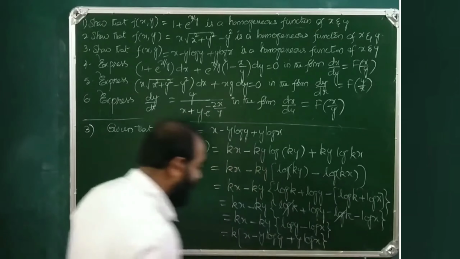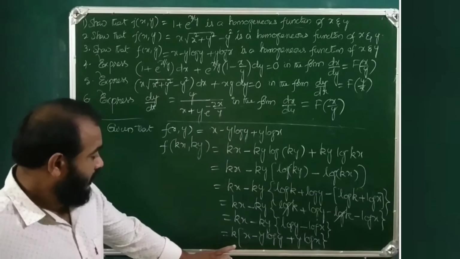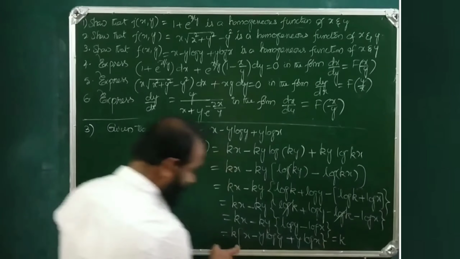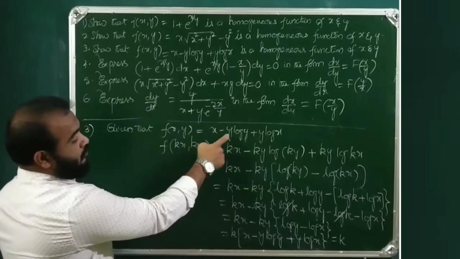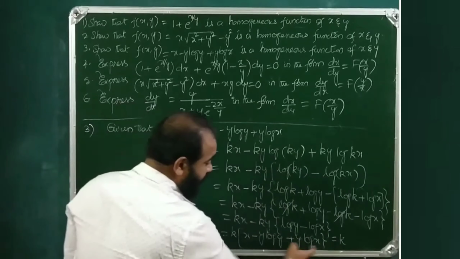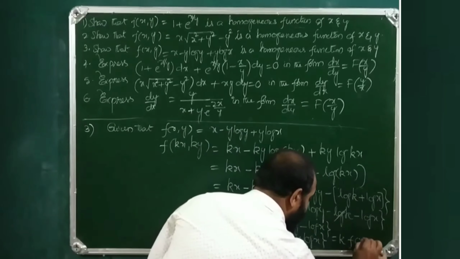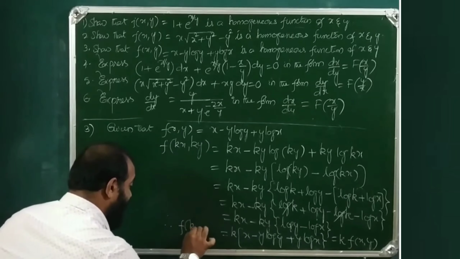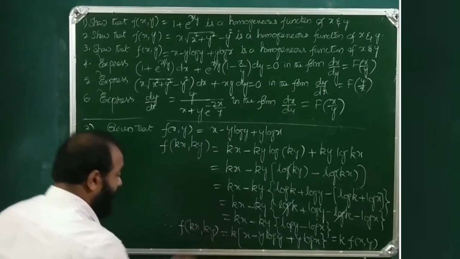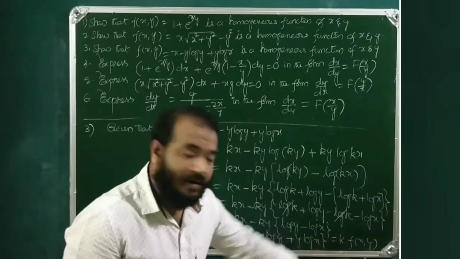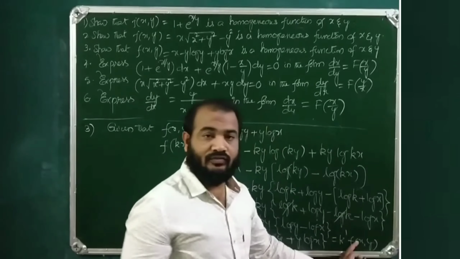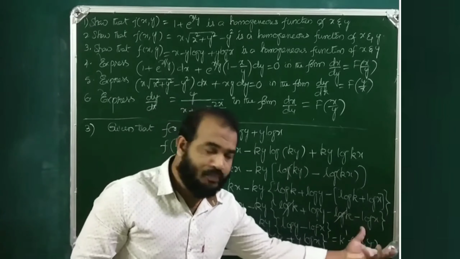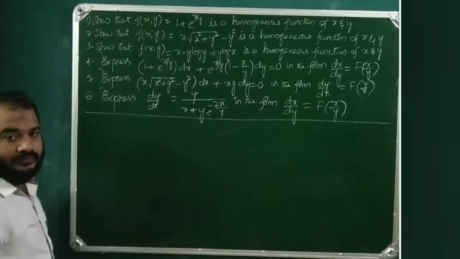So if you see here, this is of the form k into the same function x minus y log y plus y log x. Same function we get there. Therefore, this is f of xy. Therefore, f of kx comma ky is equal to k power 1 into f of xy. This is a homogeneous function, to be more specific, of degree 1.